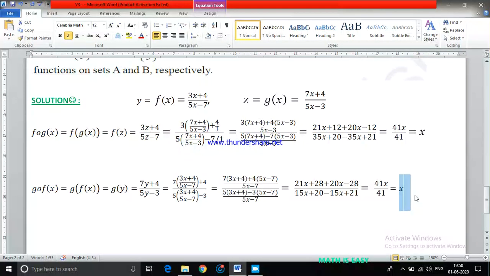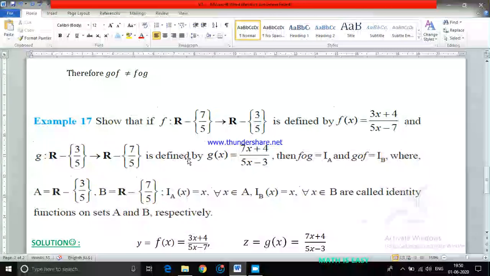If it is possible, what is that function? So one way to prove the function is invertible, or inverse exists, is this method. FOG is an identity function, GOF is also an identity function. If both are giving me an identity function, hence it is an invertible function. So I can see here f is the inverse of g and g is the inverse of f. Both ways it is okay.